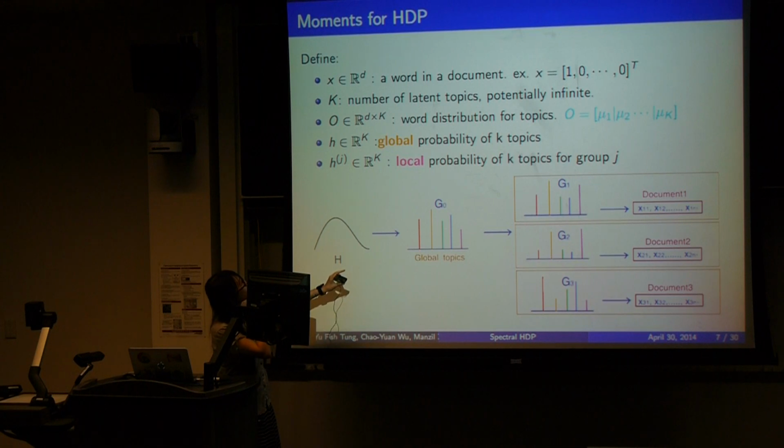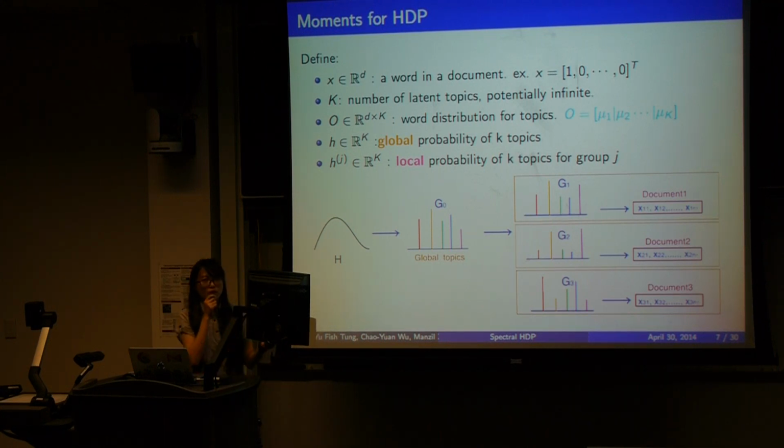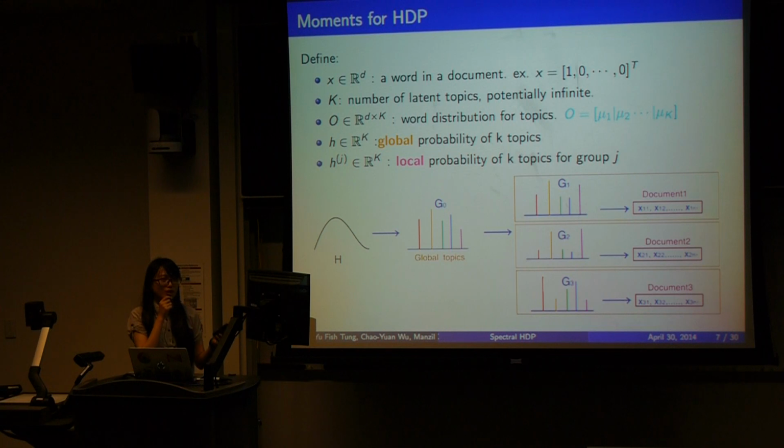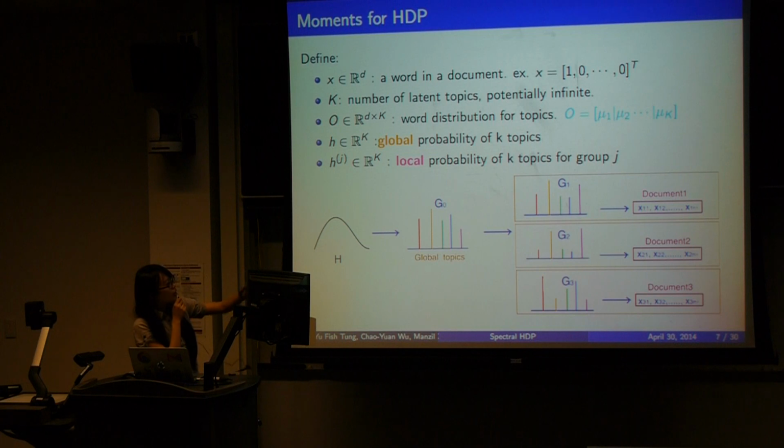So we can assume that we have K largest latent topics. Then each document will generate its own topics, like some documents talking about sports and pets, and another one talking about health. So the health topic will have larger magnitude on the topic probability.